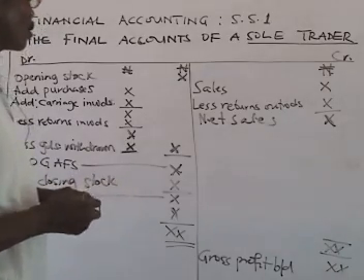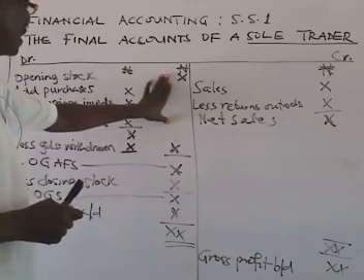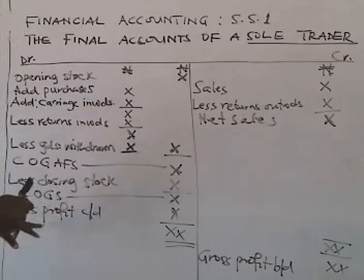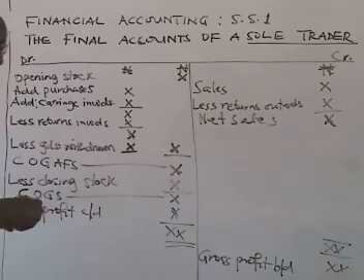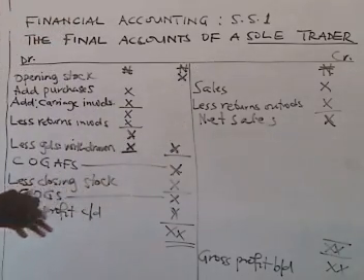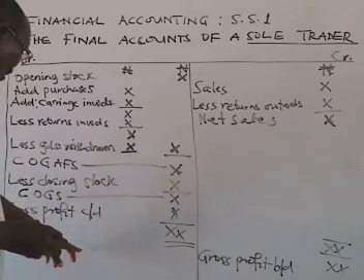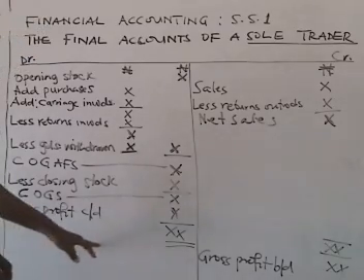So I think that is all for now, but before we go further, let me do a summary of what we have said so far. I said the trading account is prepared solely to get our gross profit. Then the P&L account is also essential for the sole trading business, and it is prepared solely to get the net profit. How do you get the net profit?